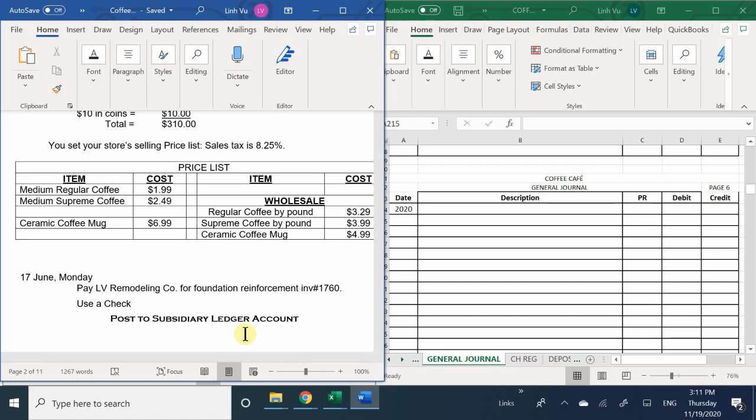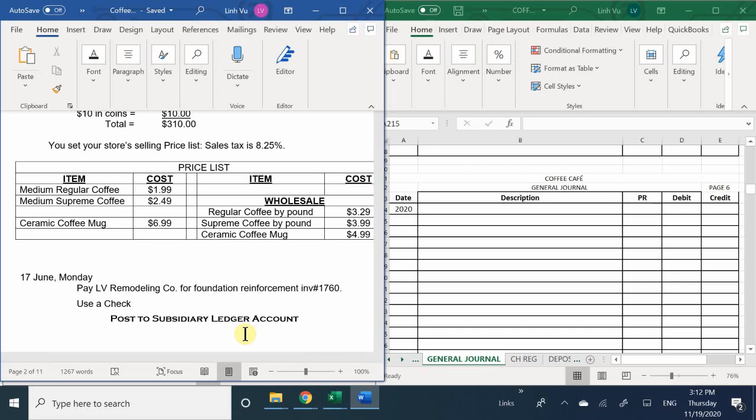So I actually make coffee in store. I also sell coffee mugs to the public. But I also sell by the pound because I sell it as a wholesaler as well. Albert, our sales representative, is going to be in charge of making my wholesales for me.